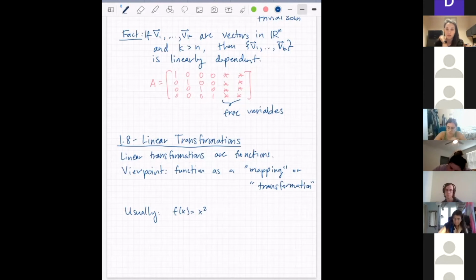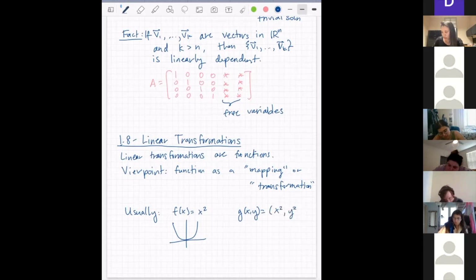You have a formula, you have input, output, and you would think of the graph of this function. Or if you have done stuff in 2 variables, maybe you've seen these types of functions where your input has two variables and then your output is something like x squared and y squared. And you know that these functions have a domain and a range, right?